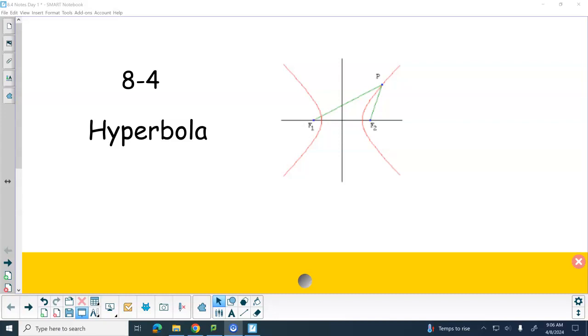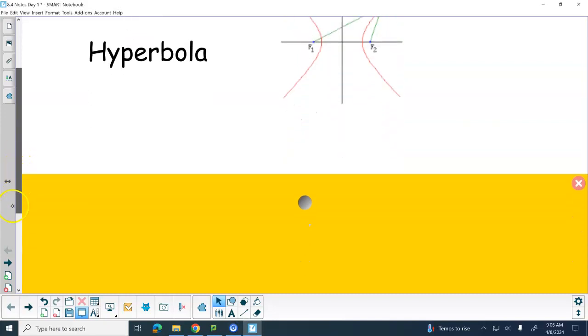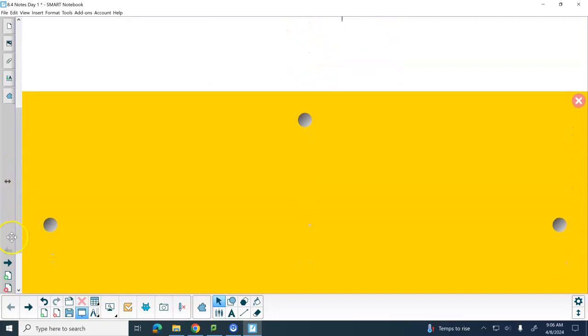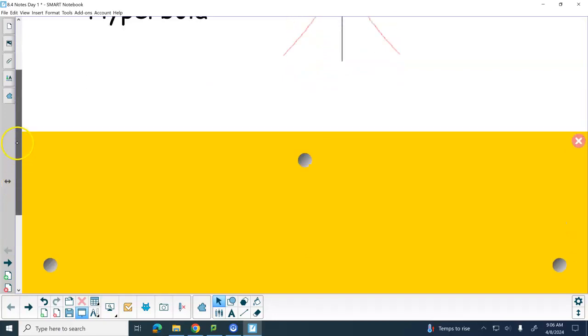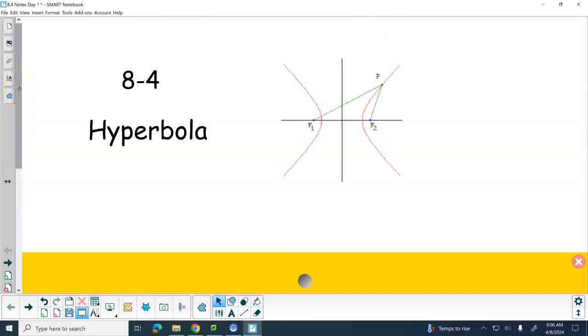Okay. So a hyperbola is a conic section. You don't have to write this down, but it's a conic section where the difference of this purple line and this orange line is the same.